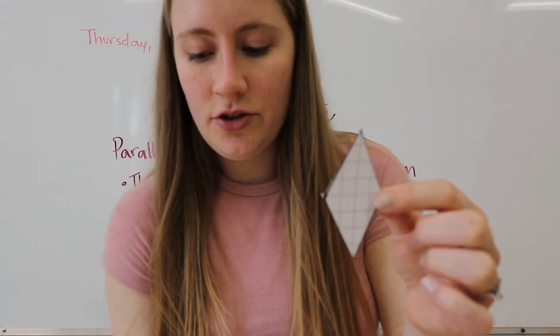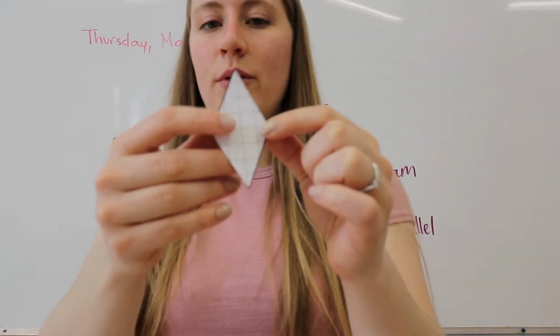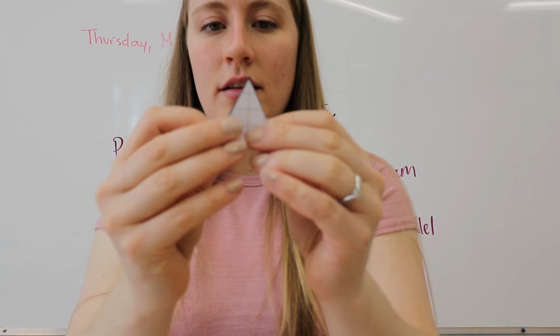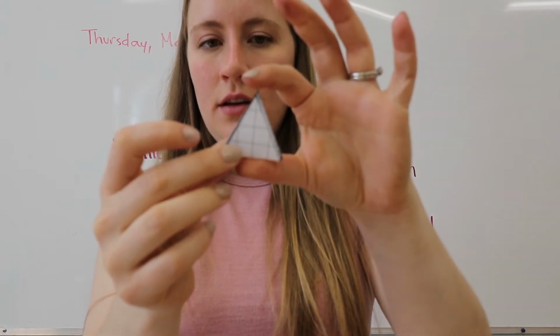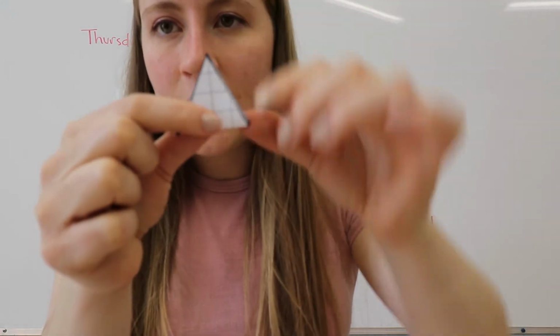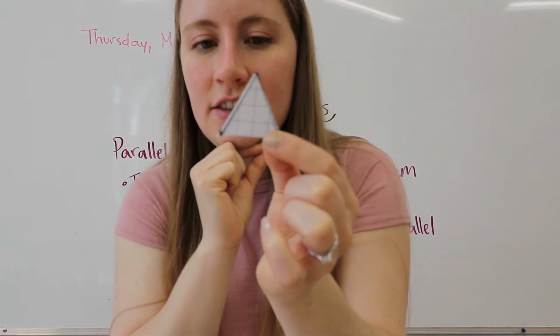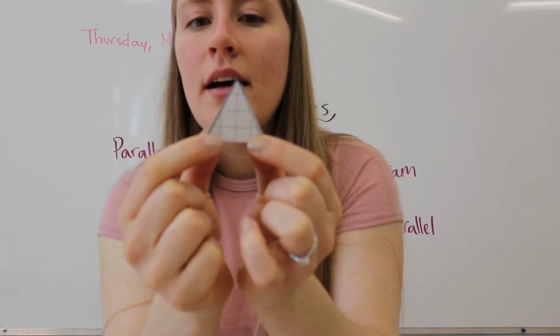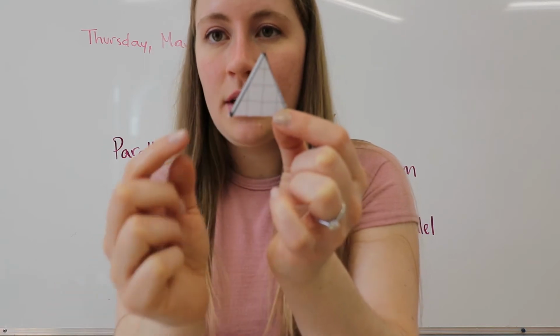I wanted to show you that we can fold a rhombus in half to form a triangle. And what type of triangle is this? This is actually an isosceles triangle, which means that these two sides are the same.